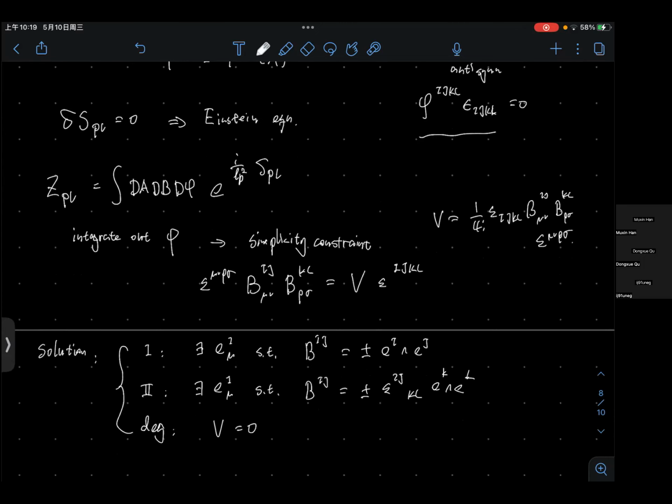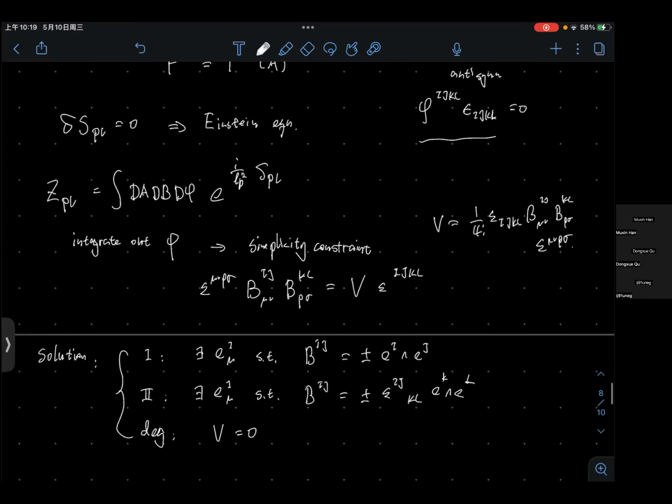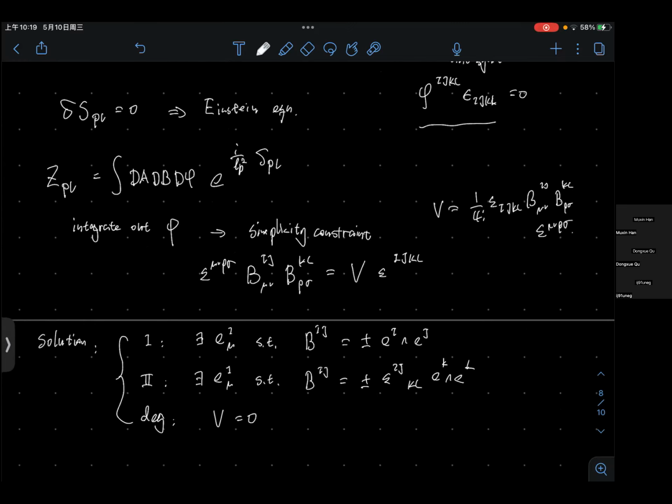You could try to plug in this formula, and you can easily check that indeed the simplicity constraint is satisfied if you plug in B equals e wedge e or epsilon e wedge e. And if you plug in the expression of the volume, you indeed get the volume element. So this is the solution of the simplicity constraint.